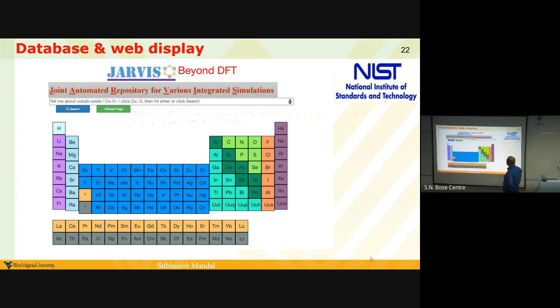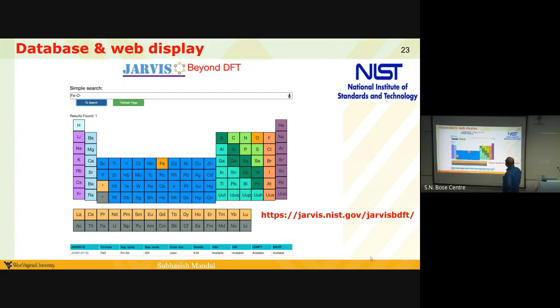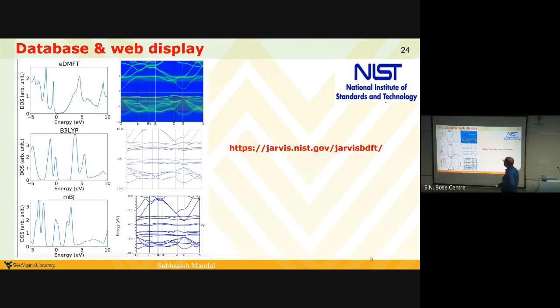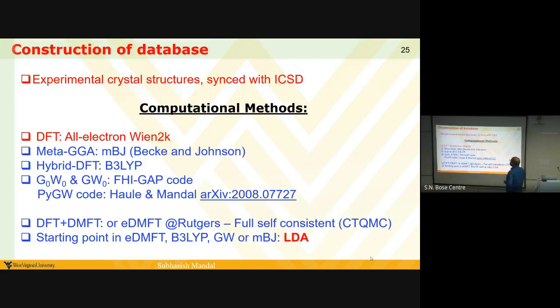This is a review article that we wrote about JARVIS. If you go to this website, you can access all this data, and you can interactively select atoms from the periodic table, go to the element, and compare how DMFT, GW, and meta-GGAs compare with each other. Now let me tell you a little bit about the construction of this database.